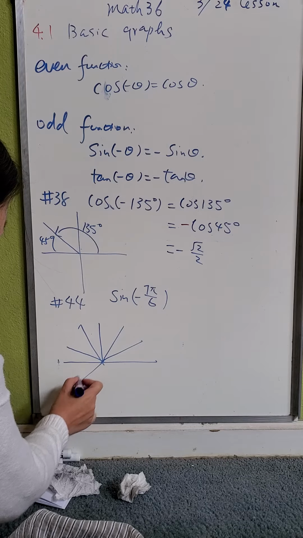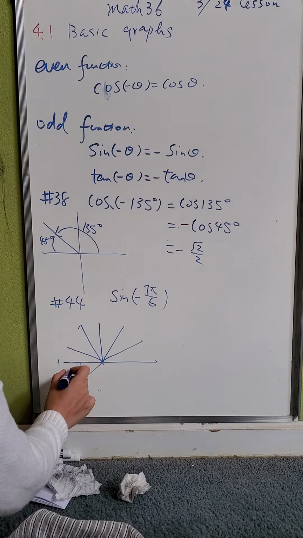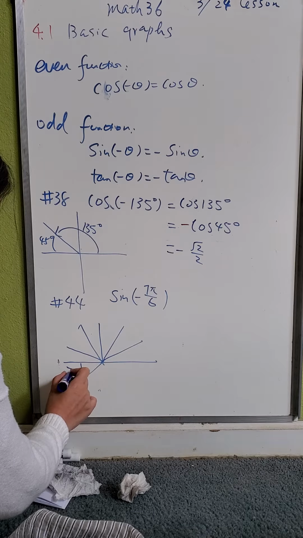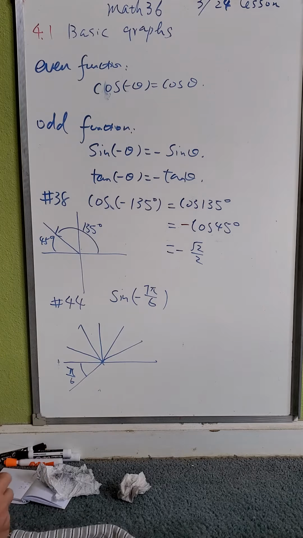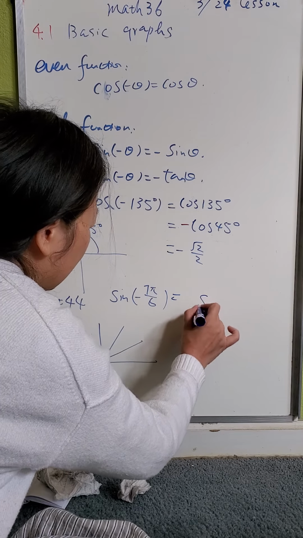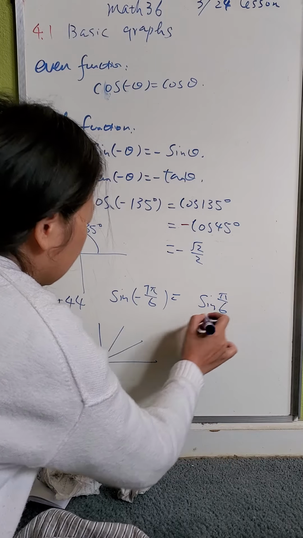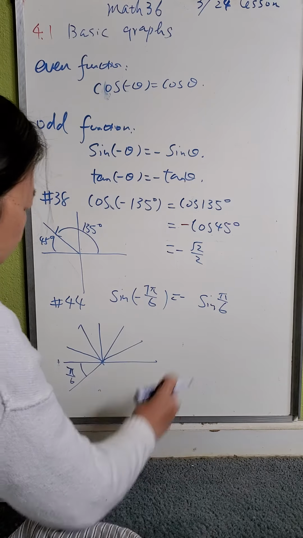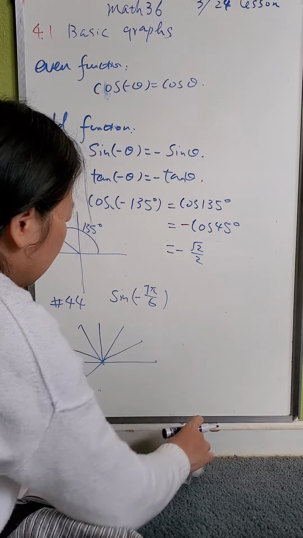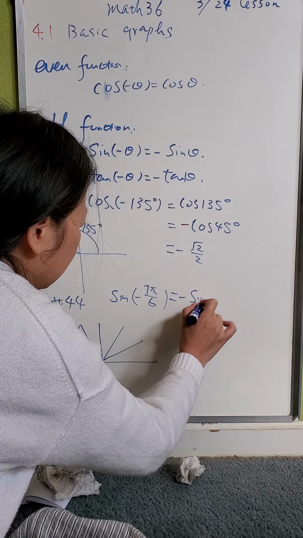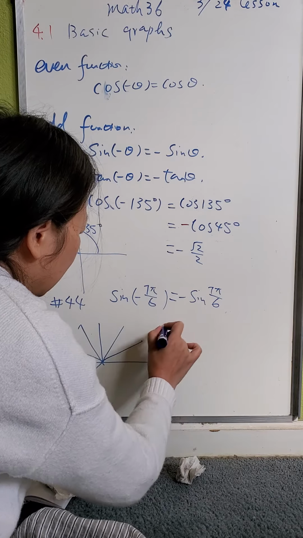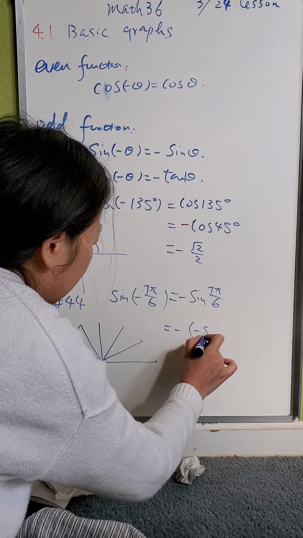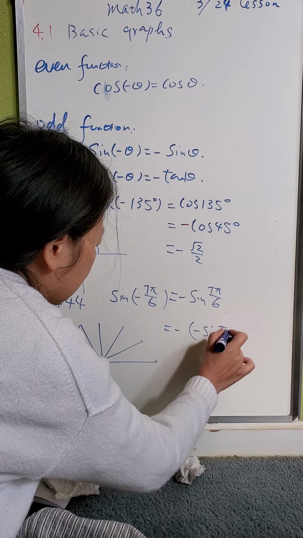So we need one more out. The one more out is your reference angle, pi over 6. So that means this is same as sine pi over 6 with a negative. Okay, maybe I write one more step. This is same as negative sine 7 pi over 6, and same as negative and negative sine pi over 6.